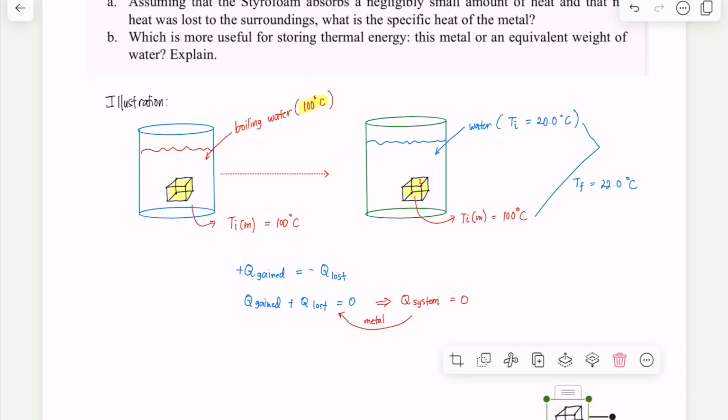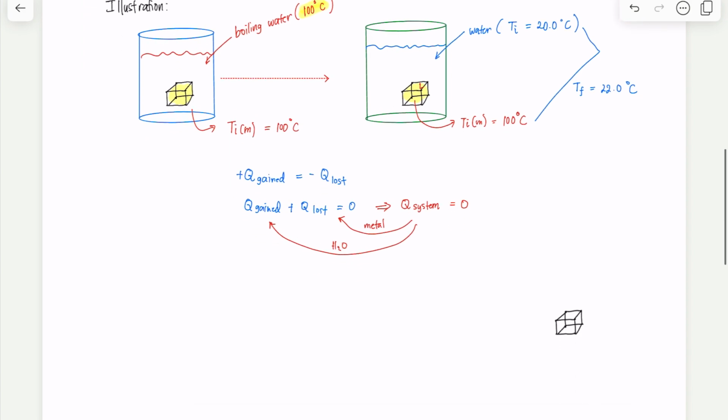And part of the Q of the system is also the Q gained, which is the heat gained by your water. So once that idea is very clear to you, you can now solve the problem.